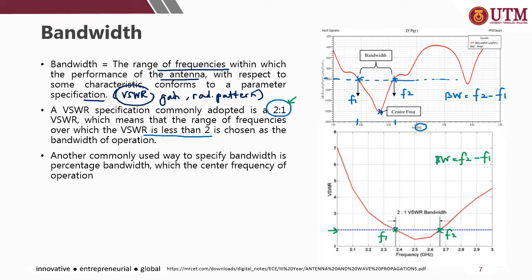In this case, F2 is around 2.67 gigahertz, minus F1, which is around 2.38 gigahertz. So it's around 290 megahertz.